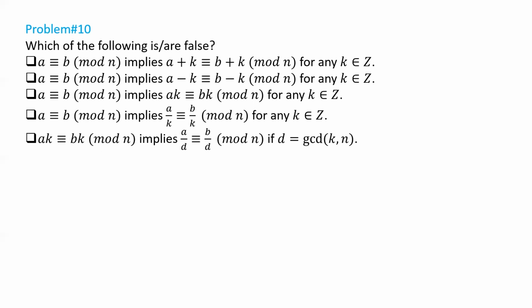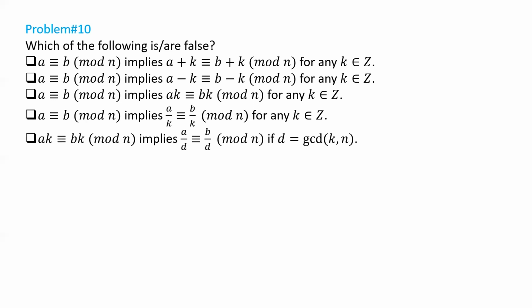You can try it on your own. For the third statement, multiplication, if you are multiplying two integers modulo n with the same integer k, then it is true that ak is congruent to bk.